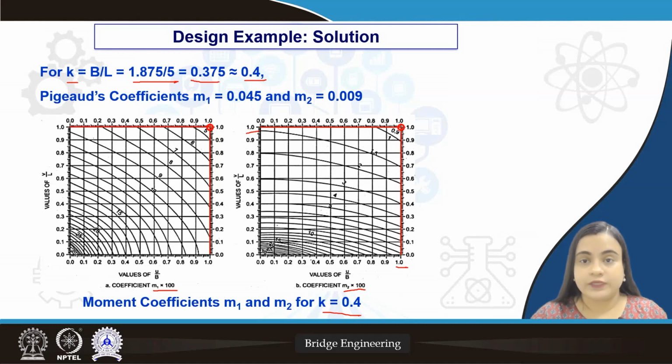If we read the values, m1 and m2 turn out to have a magnitude of m1 equals 0.045 and m2 equals 0.009.